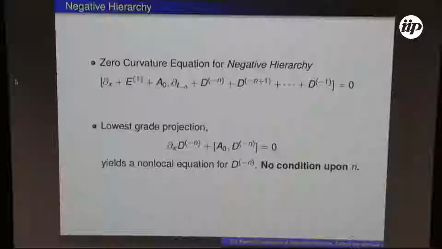So the negative part, you start from the bottom, and from the lowest you have a non-local equation. You have a derivative, and then you have the function there. Nevertheless, it's solvable. Obviously, you're going to have some non-locality coming up.